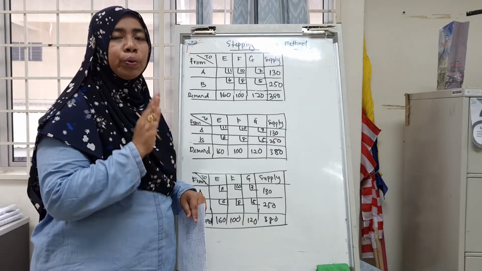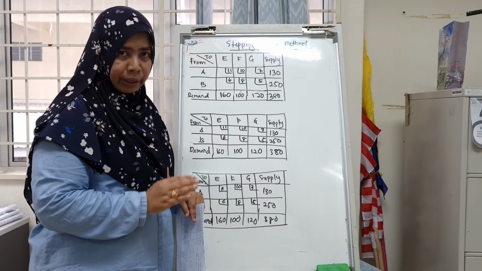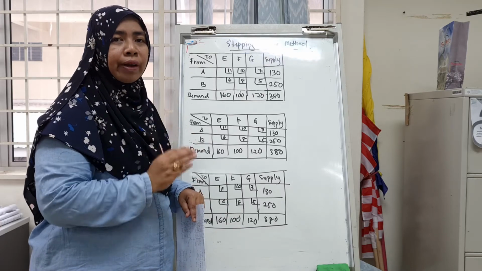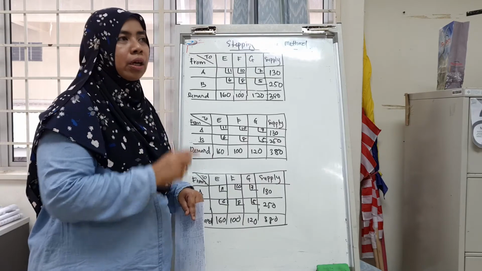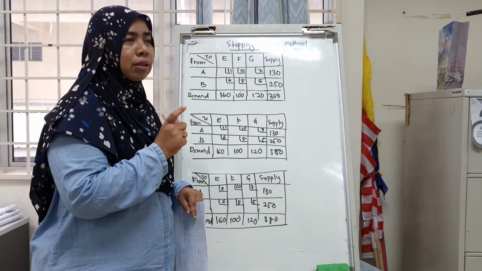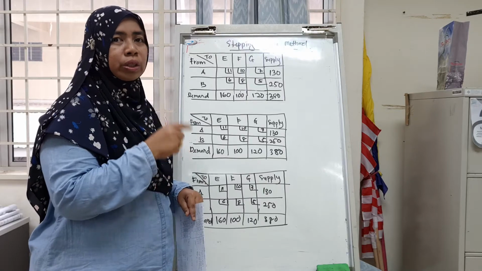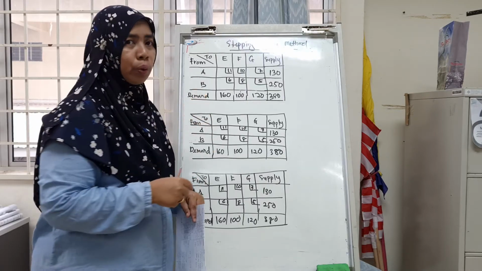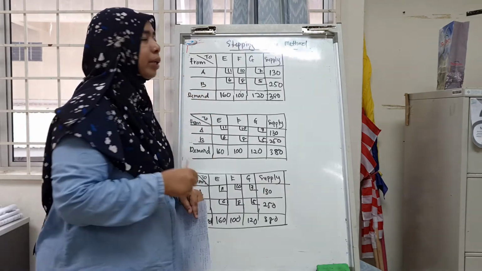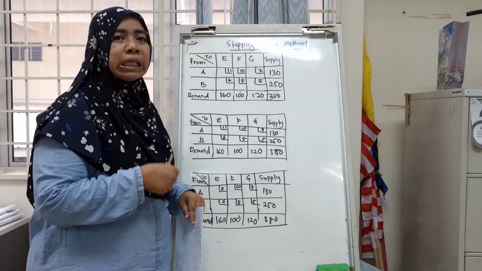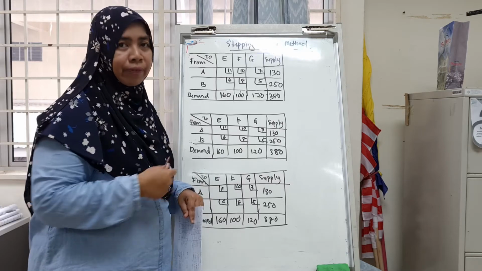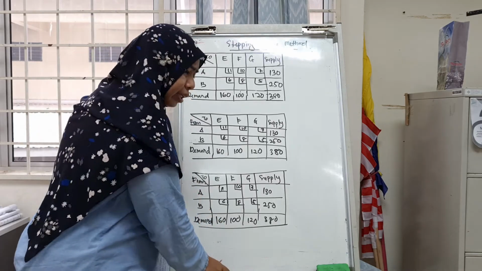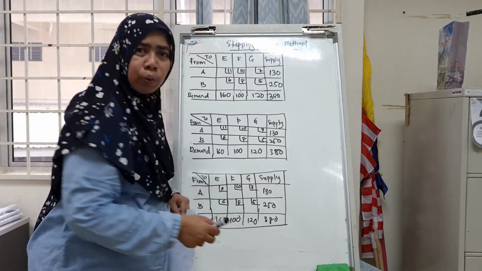But before you calculate by the stepping stone method, you have to calculate by using the northwest corner rule first. In the stepping stone method, the northwest corner rule is the initial method, as a benchmark for after this, to see whether the cost is lower or not.